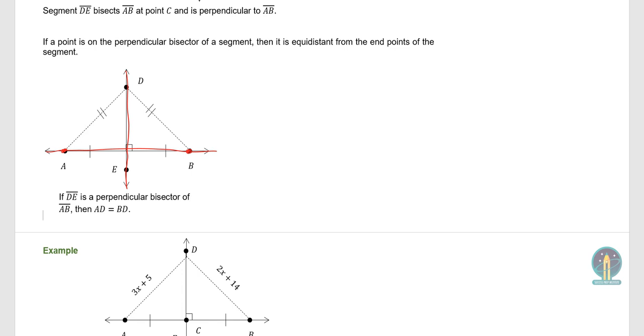So any point on the perpendicular bisector, but it has to be exactly on the bisector, please excuse my rough sketching, any point, this point, this point, etc. Any one of these points is equidistant from the endpoints of the segment that is being bisected.